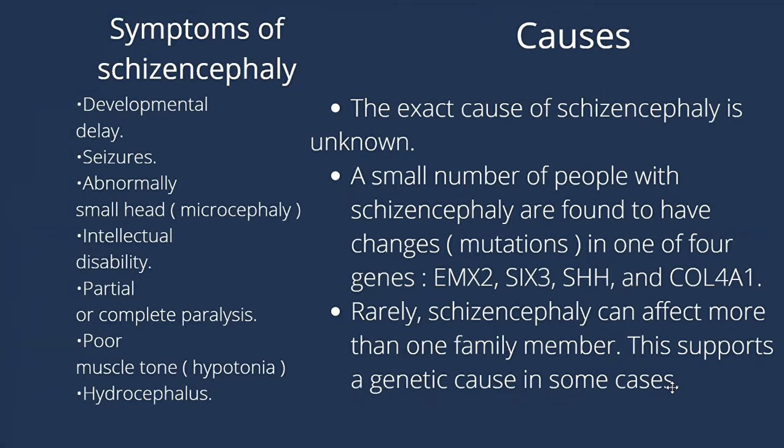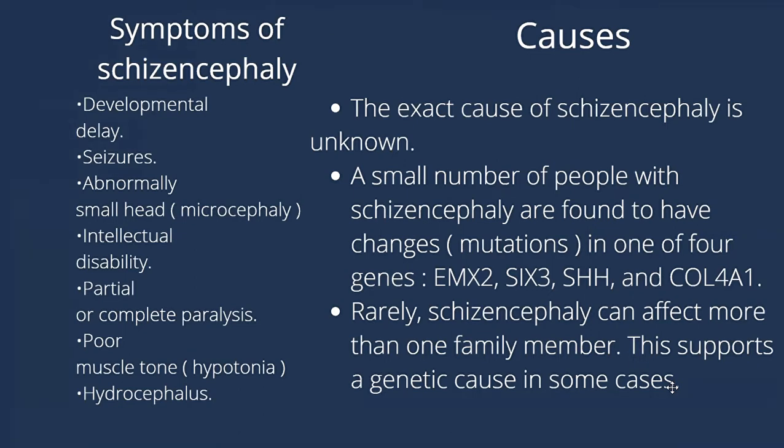So symptoms of schizencephaly are developmental delays, seizures, abnormally small head, so microcephaly, and intellectual disability, because if you have microcephaly, of course, the brain development is also halted. And then partial or complete paralysis, poor muscle tone or hypotonia, and hydrocephalus.